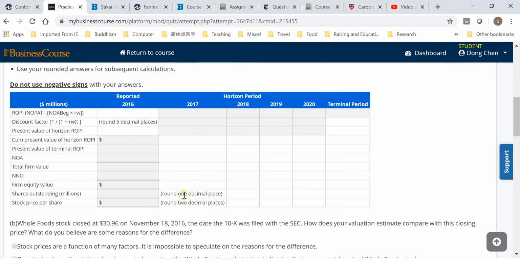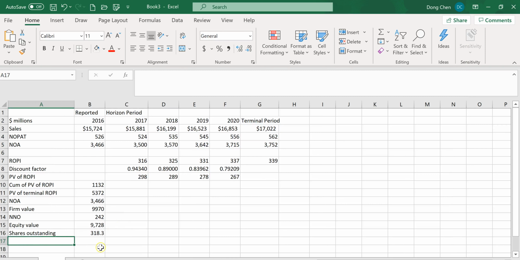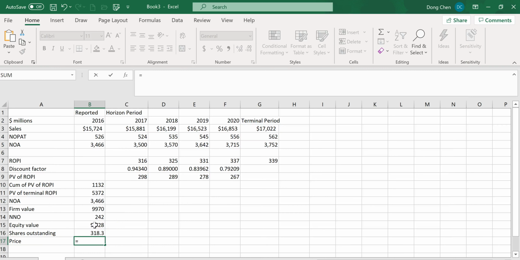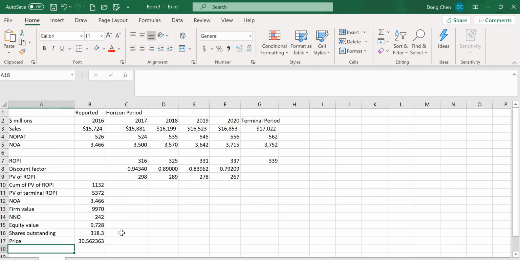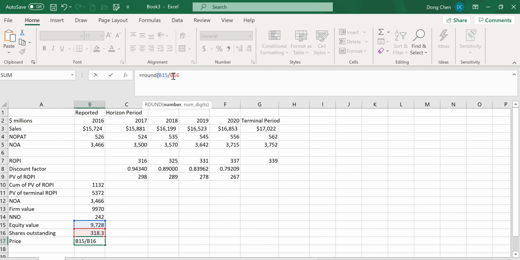If you still recall, this is rounded to 1 decimal place. And finally, price per share is simply dividing equity value by the shares outstanding, right? And then I need to keep 2 decimal places for this number by following the instruction.